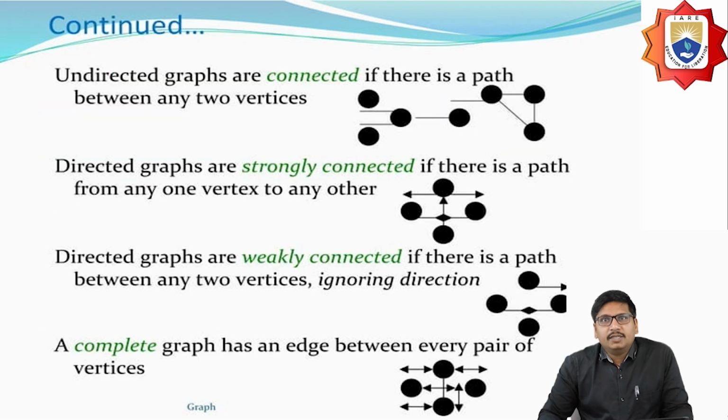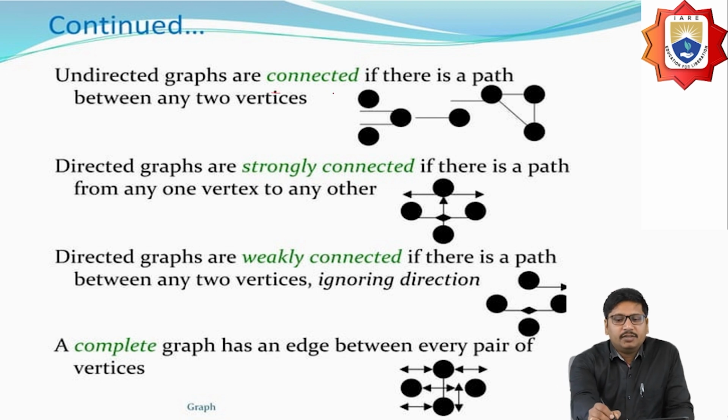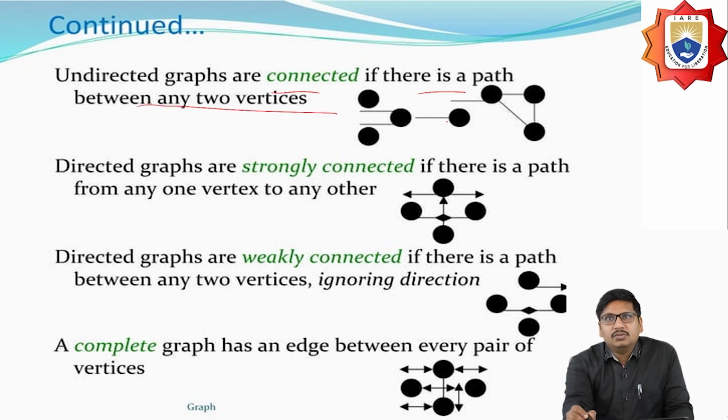So what are connected, strongly connected and weakly connected graphs? Undirected graphs are connected if there is a path between any two vertices.